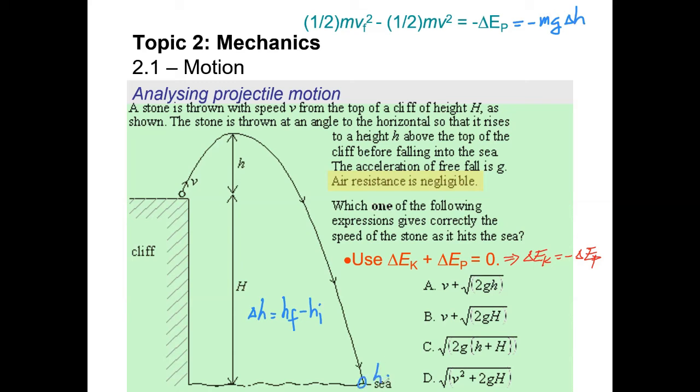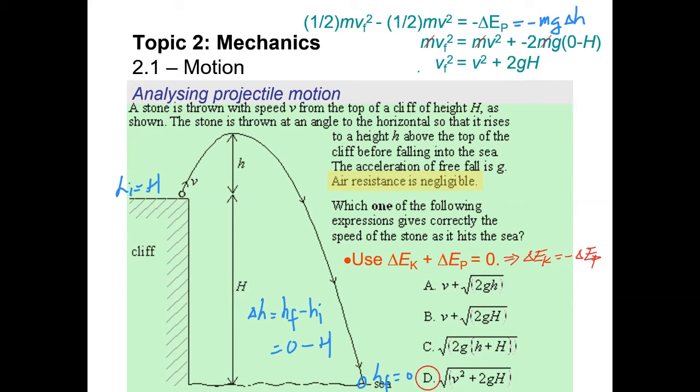Final height is 0, initial height equals h, so that is 0 minus h. Both sides times 2, the mass cancels out. Final velocity squared equals initial velocity squared plus 2gh. Taking the square root of both sides, we get the correct answer D.